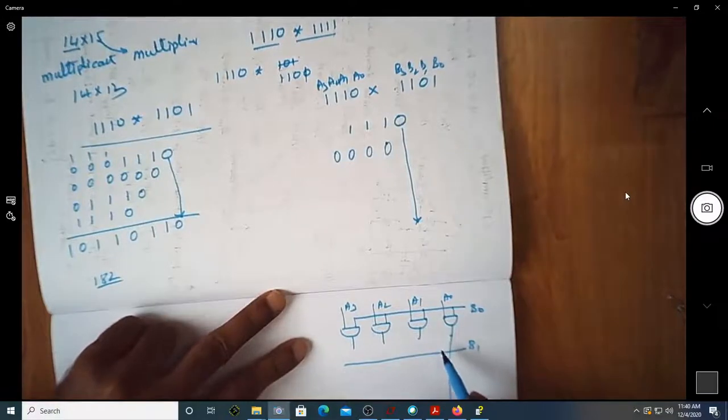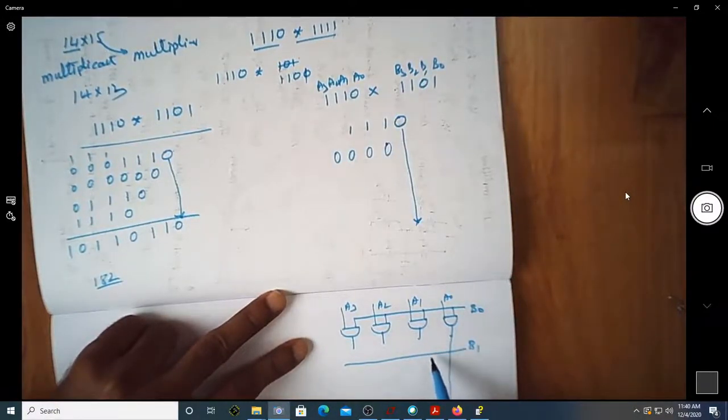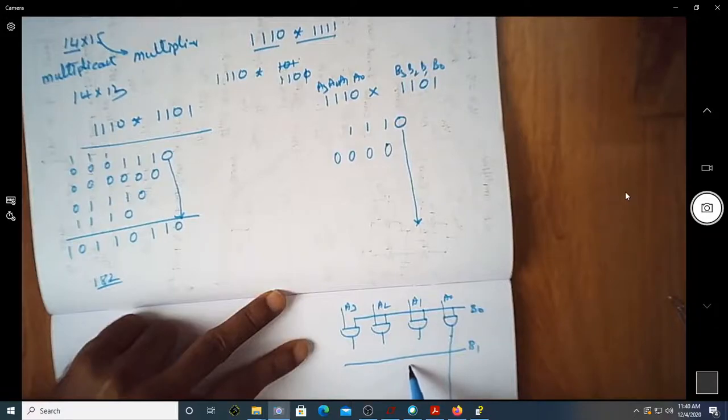This is b1. You again use this as one of the inputs for your AND gates. So let me draw the AND gate here. There is one more AND gate, and one more AND gate, and I got the fourth AND gate.